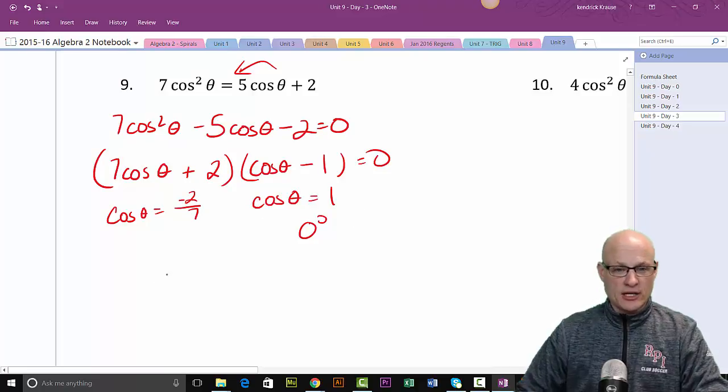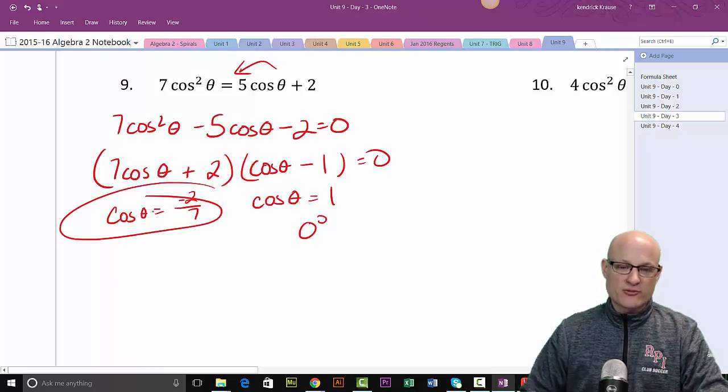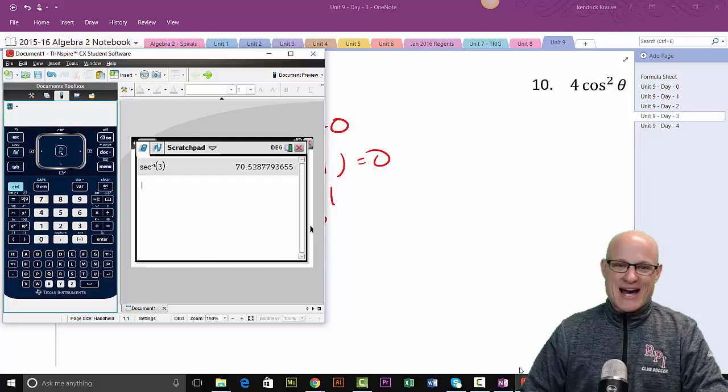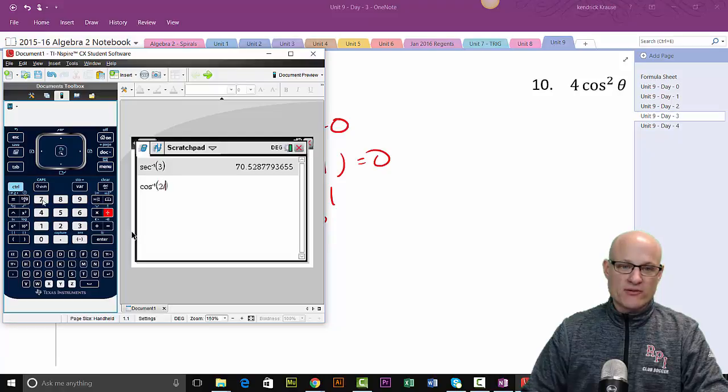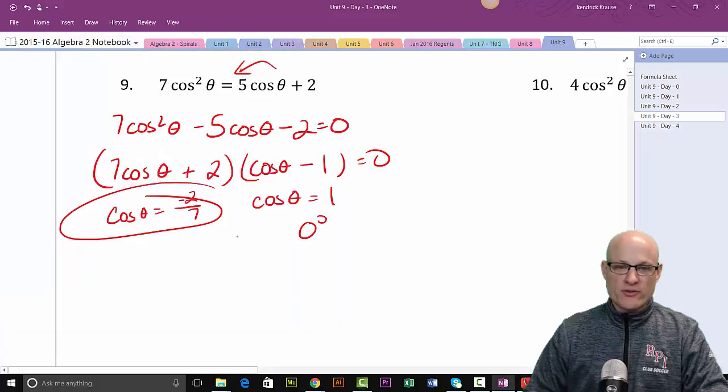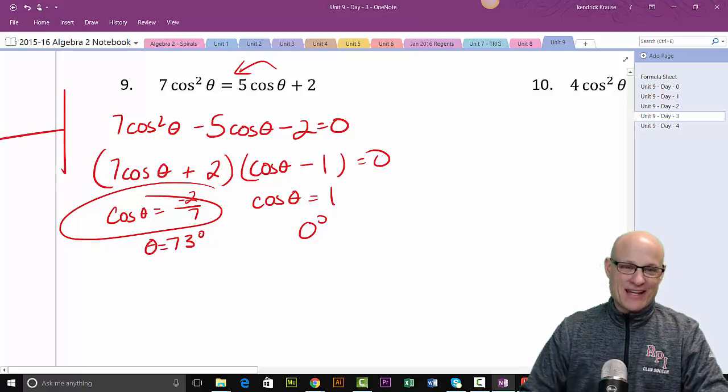This one, kind of tricky. Remember, do not put the negative in. We're still going to do inverse cosine, but it's of 2 divided by 7. 73 degrees. So this is theta equals 73 degrees. But it's negative, and cosine is negative in the second and third quadrants, the left side of the bow tie. So 73 here and 73 here.